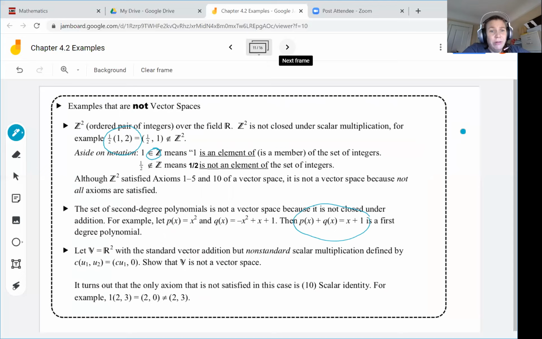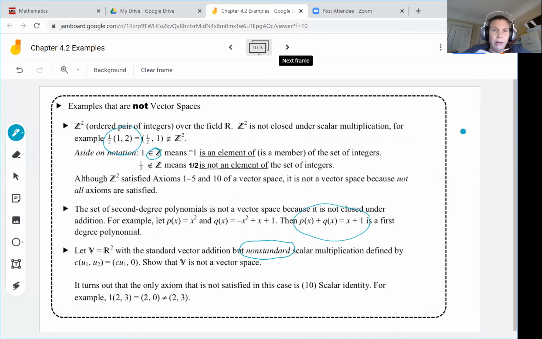Consider the set V equals R² with the standard vector addition, but non-standard scalar multiplication, defined by this. If you've got a scalar times a pair (u1, u2), the result equals the scalar times u1, but 0 in the second component. That would not be a vector space. So let's look back at our properties.